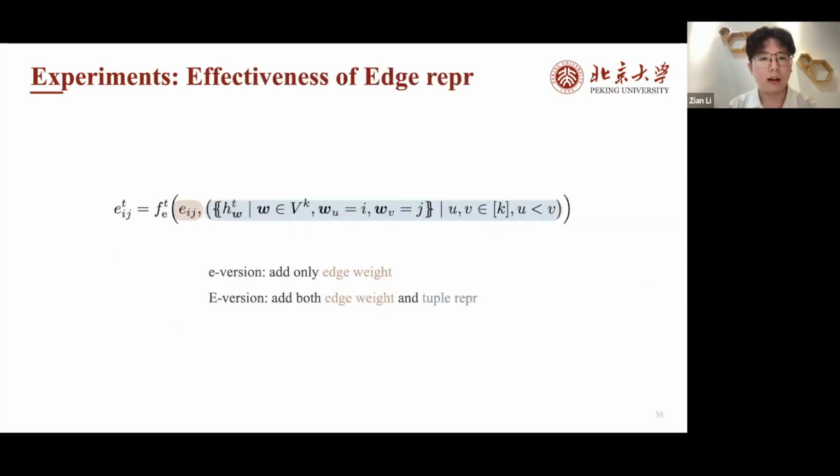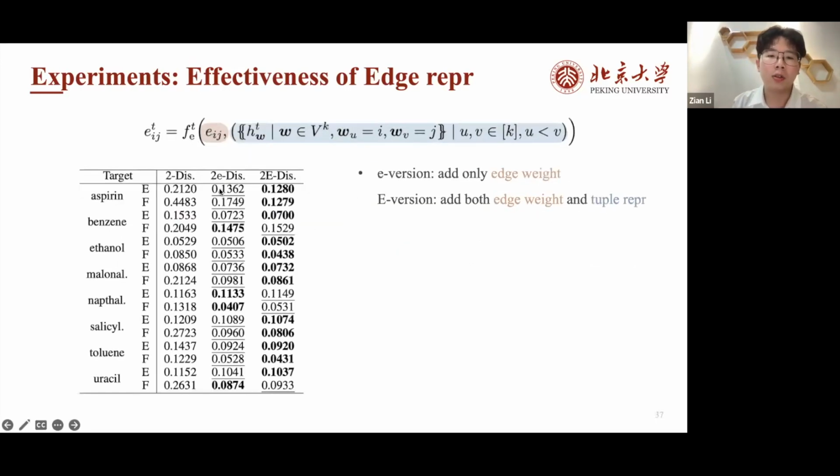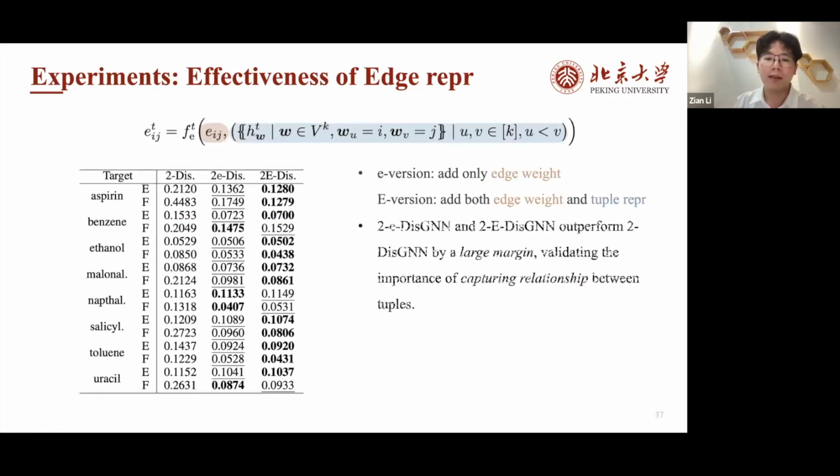And then we want to test the effectiveness of our well-designed edge representation. We design two kinds of models, including the small e variant, which adds only edge weights or distance, and does not add the tuple representation. And the full variant, or the big E variant, adds both the edge weights and the tuple representation. We compare 2 DisGNN, 2 small e DisGNN and 2 big E DisGNN, and we can get several conclusions.